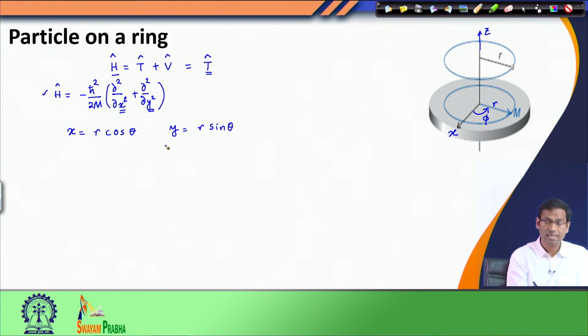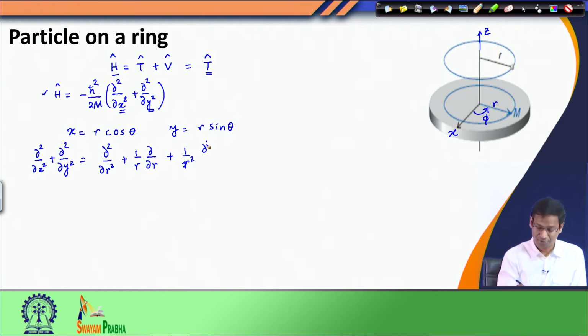If I use x and y on this form, then I can write down the d square by dx square and d square by dy square as... forgive me, here this should have been phi instead of theta.